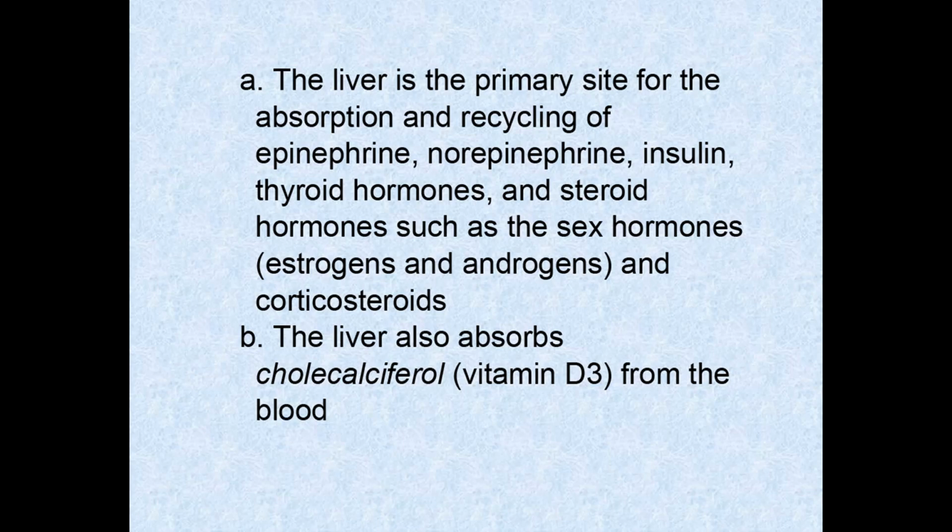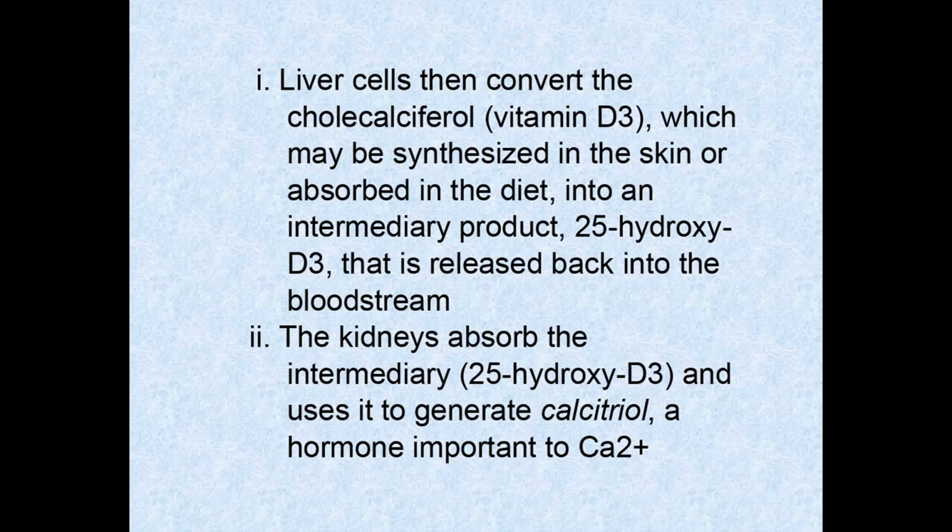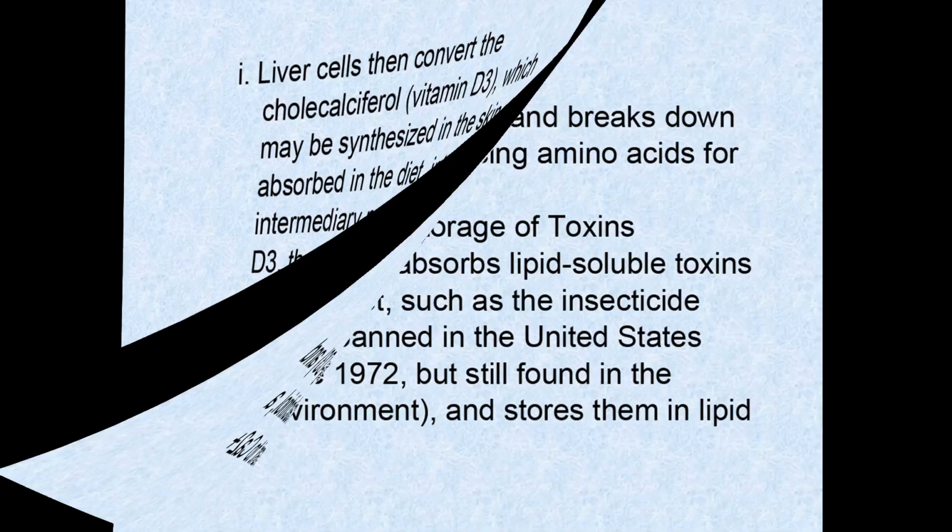The liver also absorbs vitamin D3. The liver converts vitamin D3 into an intermediary product, which is later on returned to the blood. The kidney absorbs the intermediary to generate calcitriol, a hormone important to calcium.